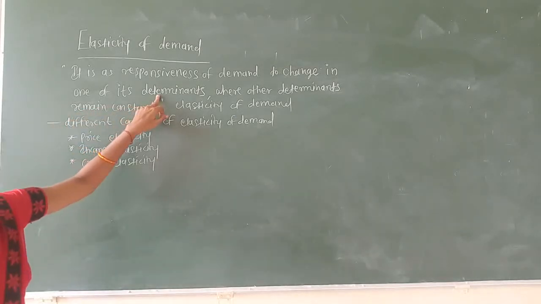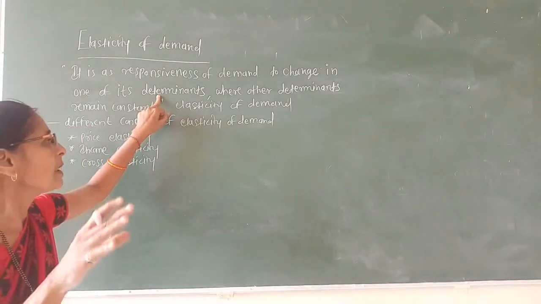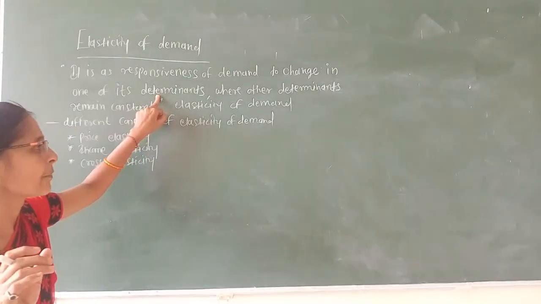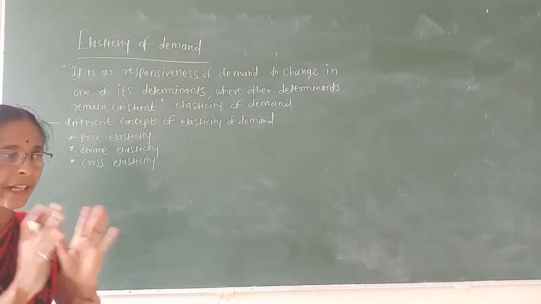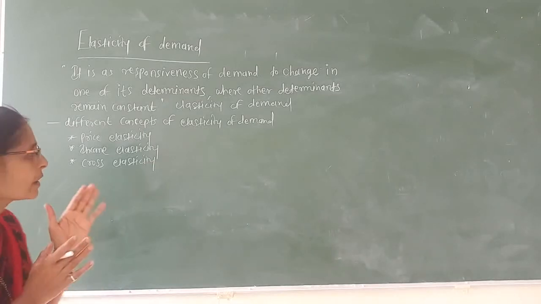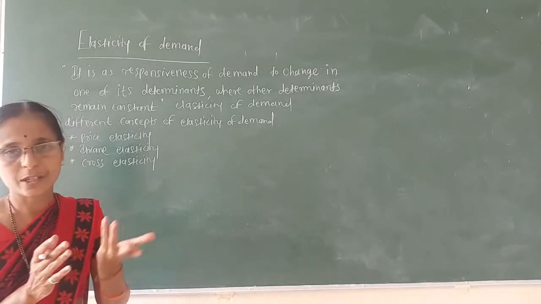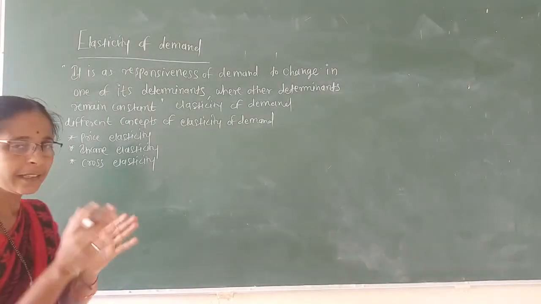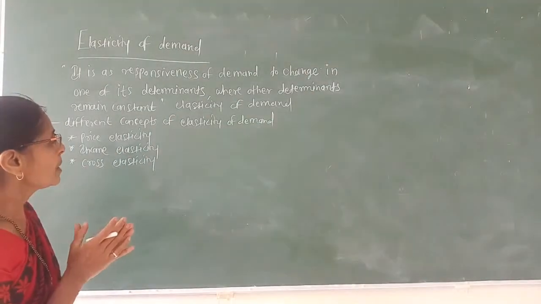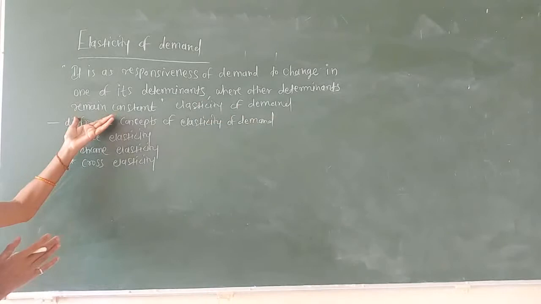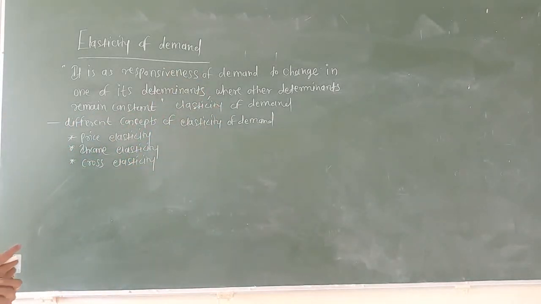Determinants are the changeable factors which are responsible for the demand of the consumer. For example, the price of the good, the income of the consumer, the prices of other goods, meaning related goods, substitute goods or complementary goods, and the tastes and preferences of the consumer. Where other determinants remain constant, it is called the elasticity of demand.